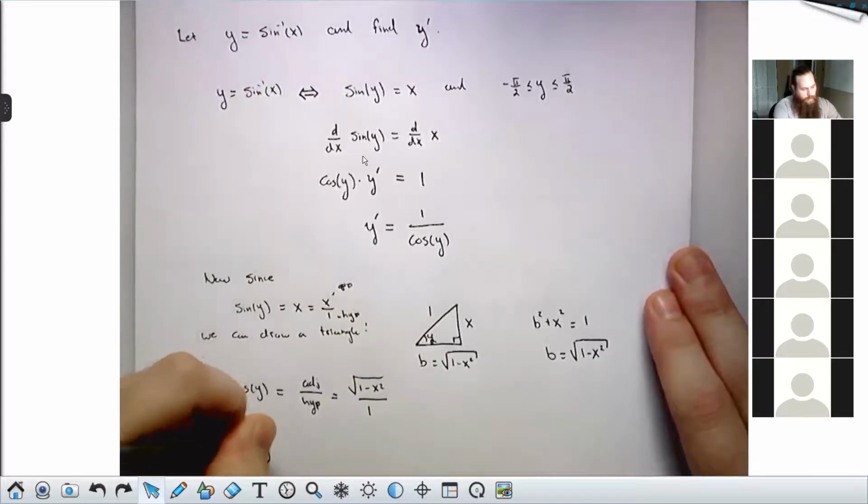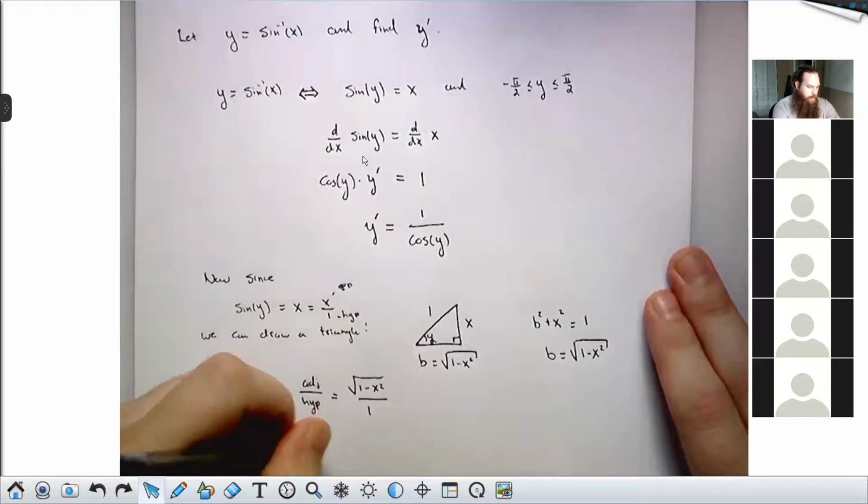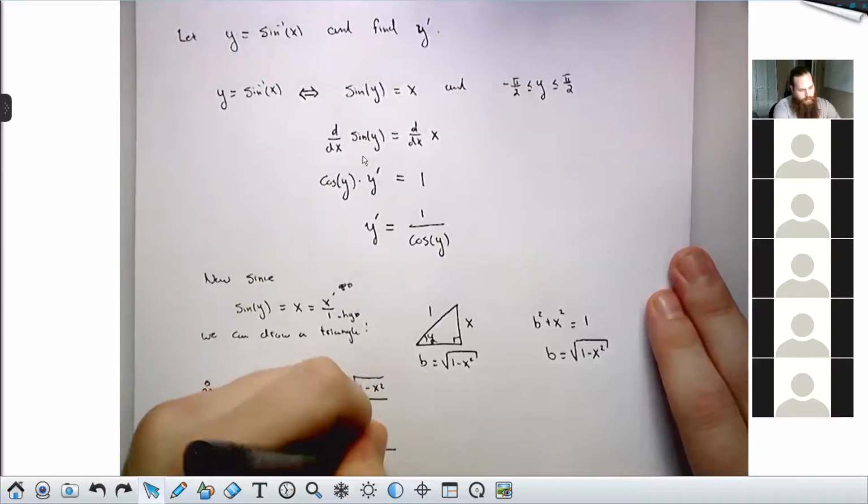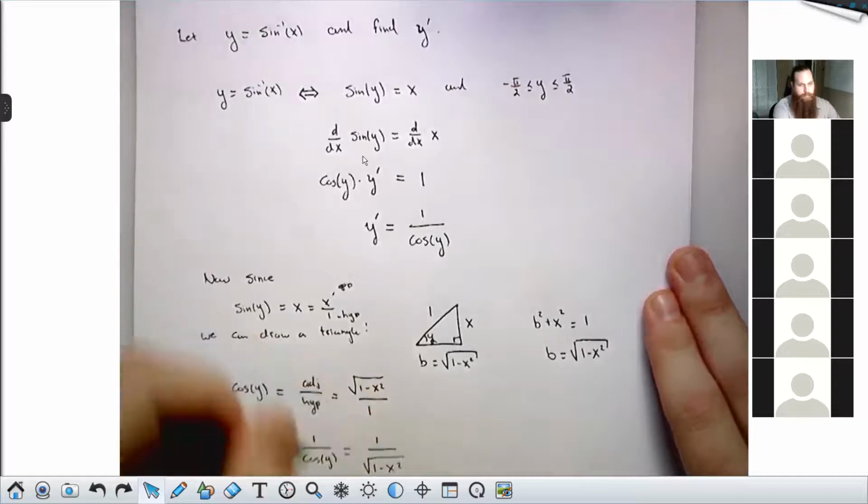So my y prime, which is 1 over the cosine of y, is 1 over the square root of 1 minus x squared.